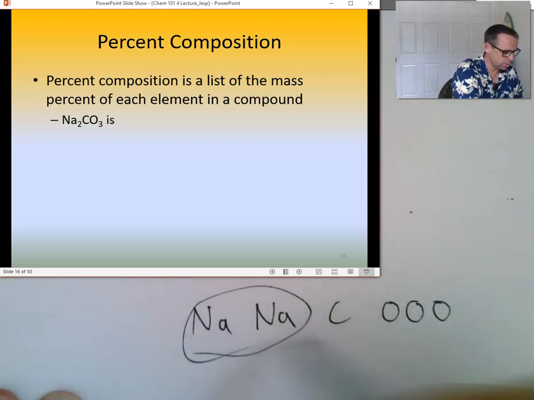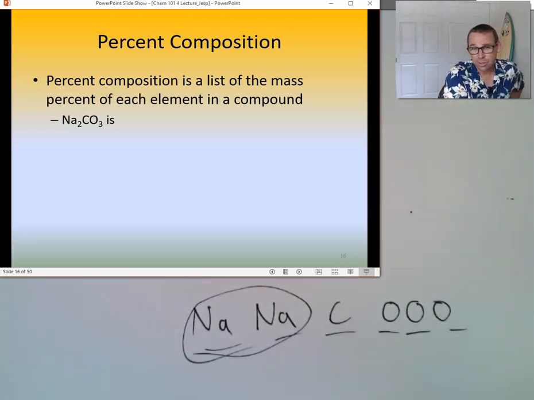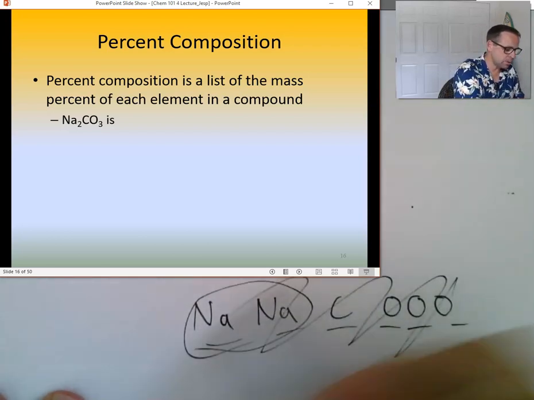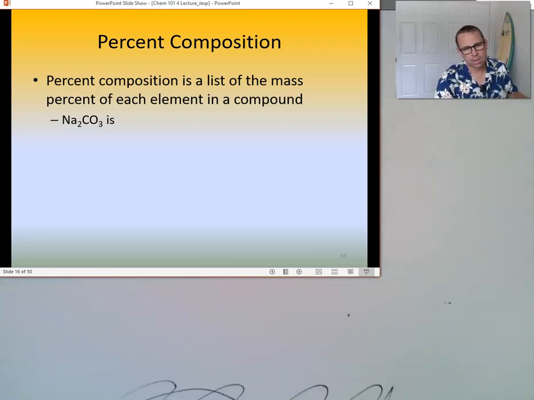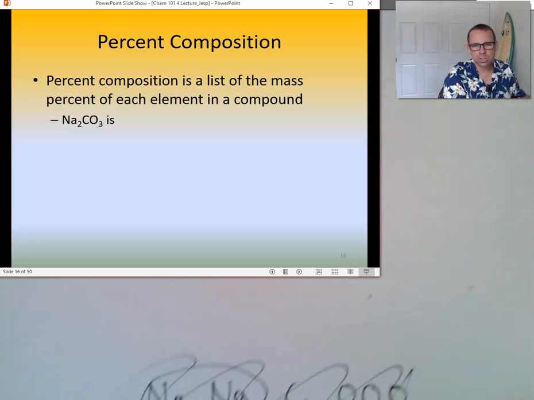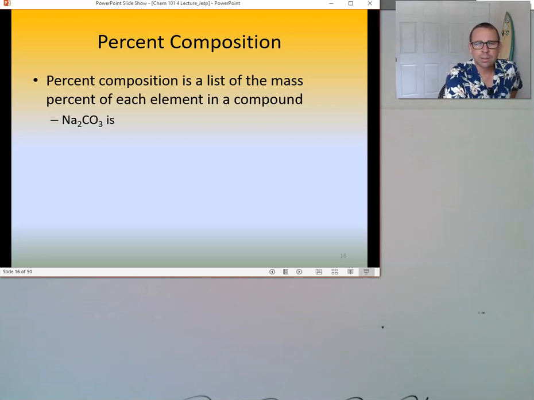Therefore, it's 2 out of 1, 2, 3, 4, 5, 6. It's 33%. But that's not how we do it either. All right? When we're talking about percent composition, you have to know what mass is contributed by the sodium. So we say, what's the molar mass of sodium carbonate? First, we have to find that.